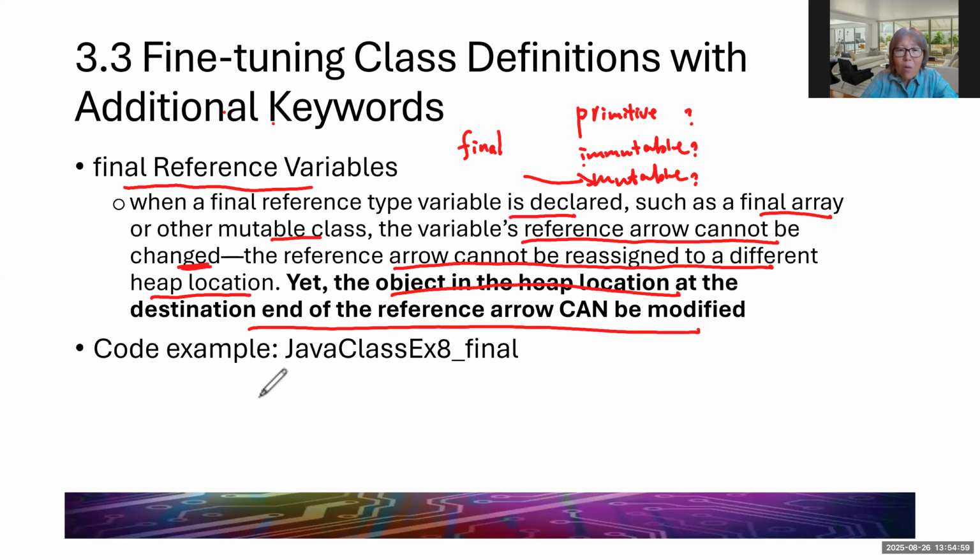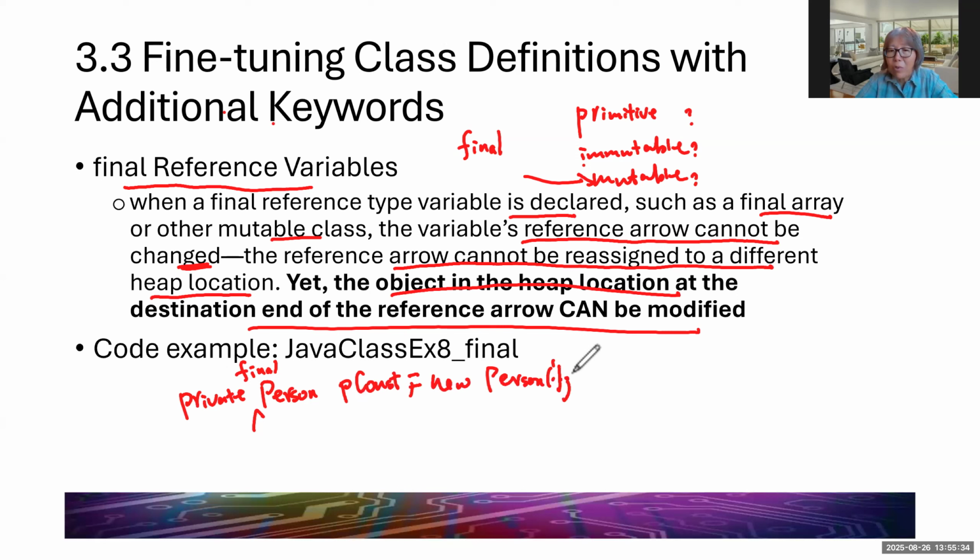Suppose we have that Person. Suppose you declare a private final Person P constant, and of course it needs to be initialized, like a new Person.